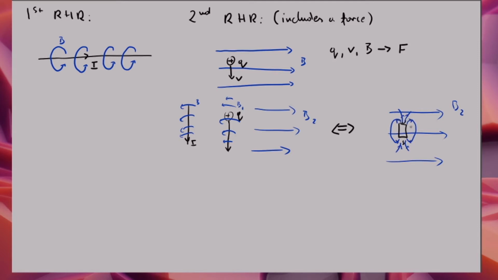Now, obviously, the magnetic field due to a magnet has a different shape than the magnetic field due to a moving charge Q. But the point is that you have magnetic field B1 present in magnetic field B2, and therefore you would have some kind of a force. There would be a force on the magnet.